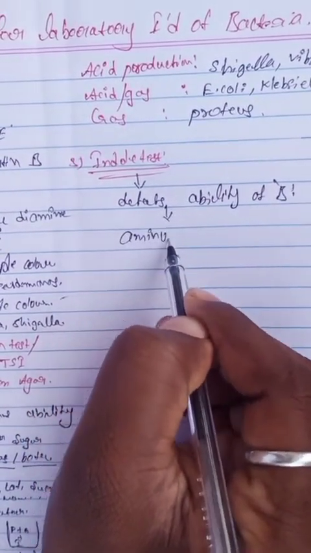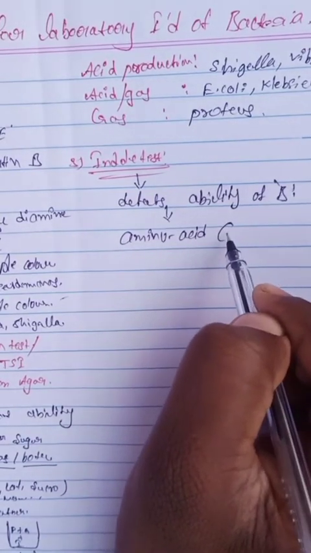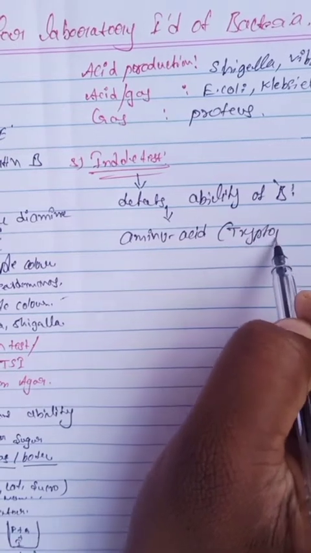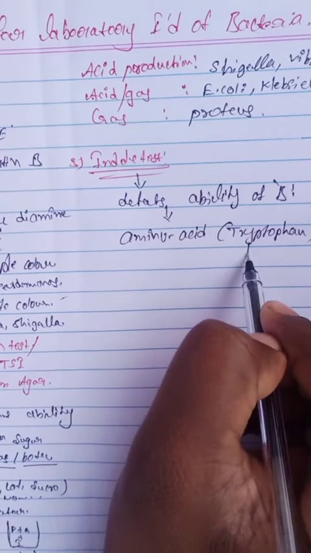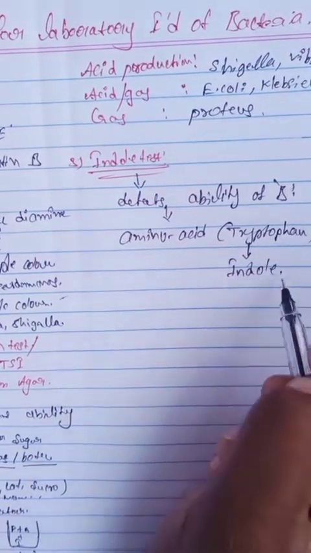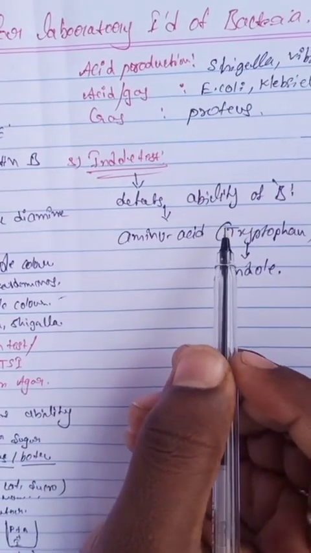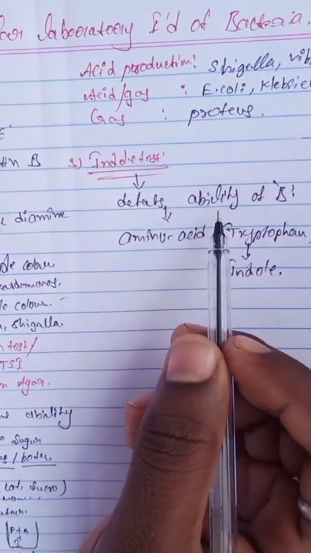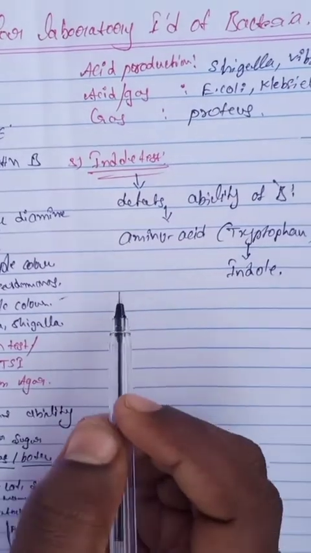Which amino acid? Tryptophan is one of the amino acids. It is converted into indole. This test demonstrates the ability of the bacteria to decompose the amino acid tryptophan into indole.